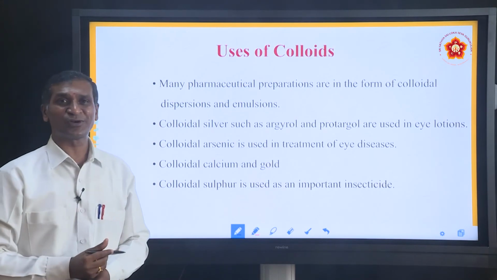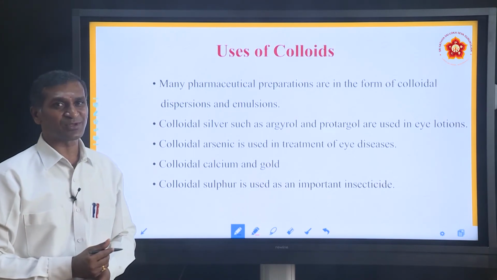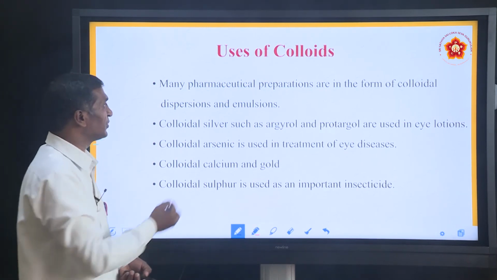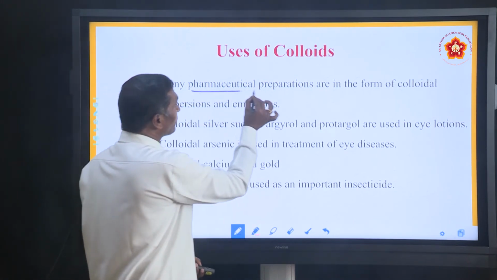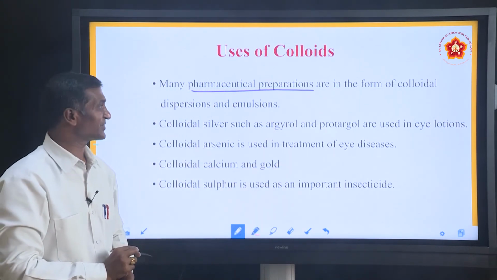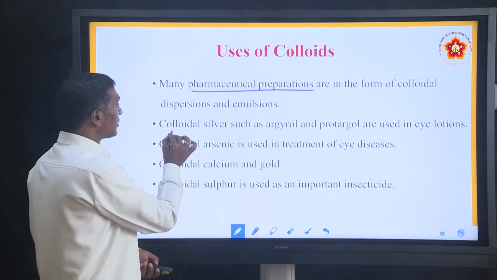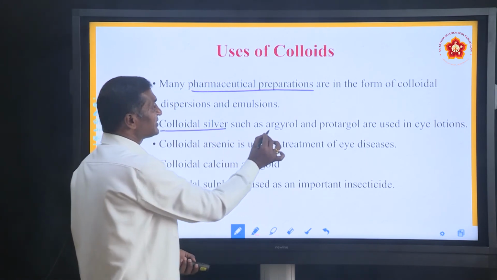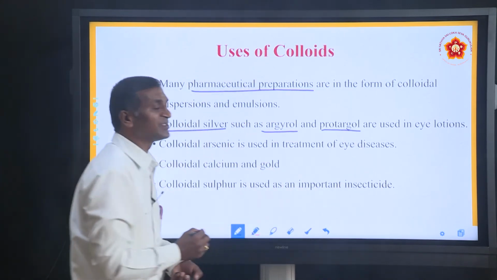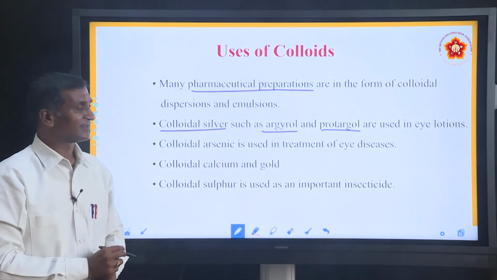Uses of colloids. Where are these colloids used? By knowing the examples and the types, we come to know that many pharmaceutical preparations use colloids. Colloidal silver, such as argyrol and protargol, is used in eye lotions.